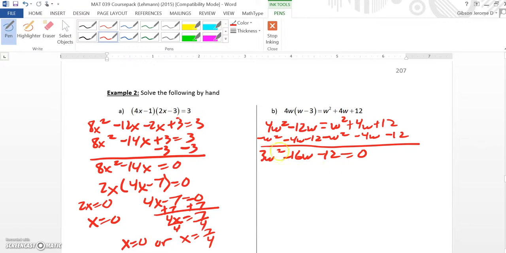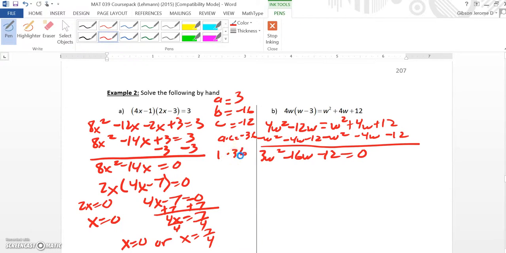Now they have nothing in common here, so we could list our A, B, and C. A is 3, B is negative 16, and C is negative 12. Now when we multiply our A and C, it will give us negative 36. So now we want to write out the factors of 36.